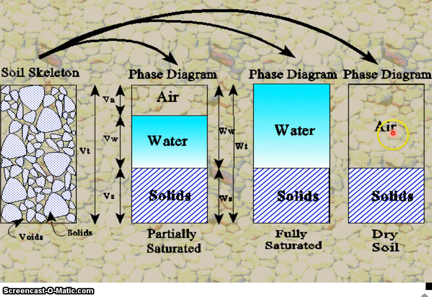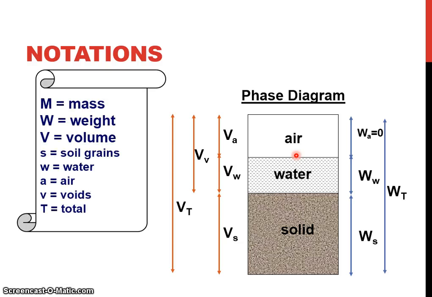The next one, the voids in the soil are fully filled with air, and it is called dry soil. In dry soil there are only solids and air. For fully saturated there are only solids and water, no more air. Okay, and before we go to the equations, please note that all the notation is a standard one.